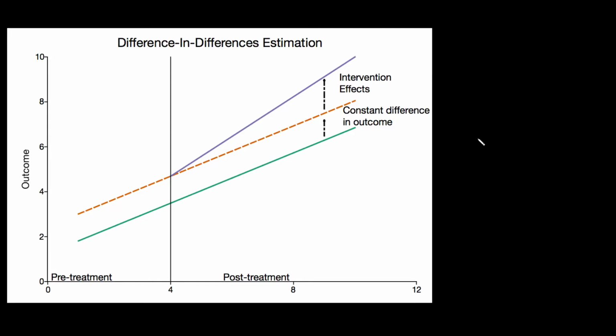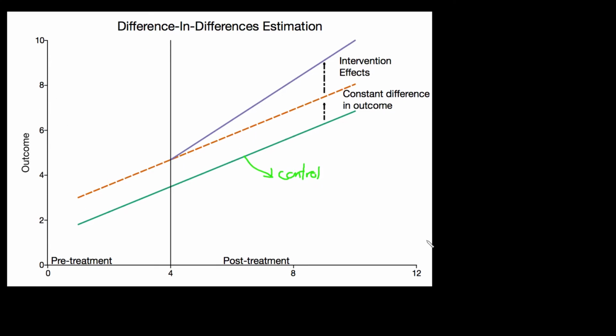This is quite a common one with explaining difference in differences. So firstly, have a look at this bottom line here. This is our control group. And let's talk about the axes. So y-axis outcome, this can be really any outcome variable we like. The x-axis is going to be our time in this case.